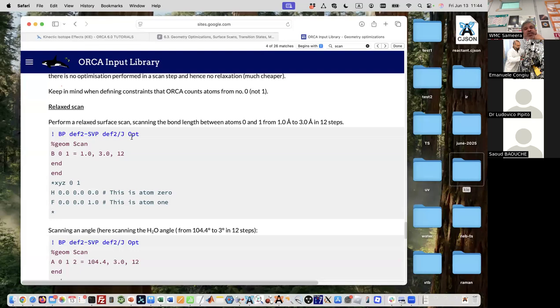If you do a rigid scan, you don't use optimization here. So a relaxed scan would be more accurate, again depending on the problem you're working on.